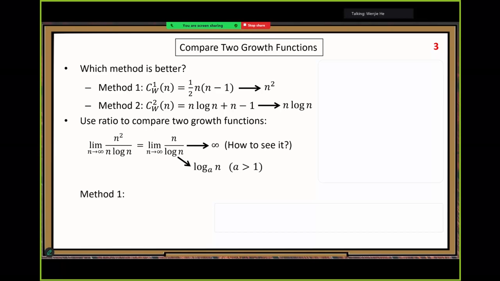How to see it? Here I use two different methods to let you see it. The first method is variable substitution. When we see the log function, most people are not quite familiar with it; it is relatively complicated.